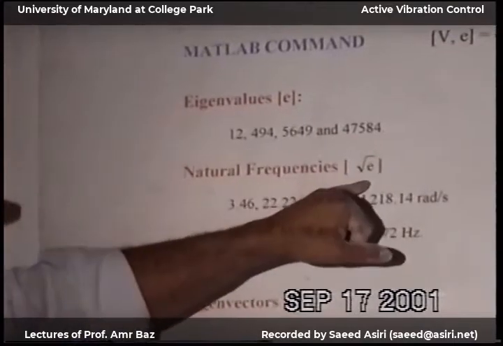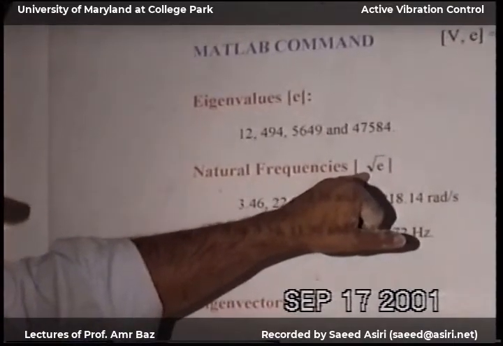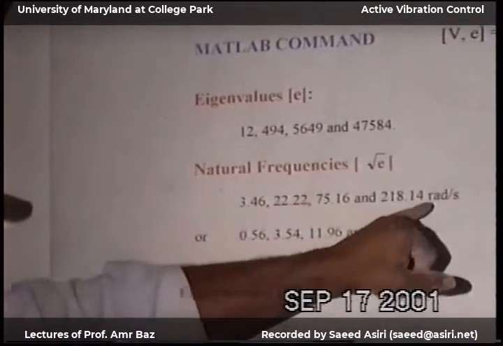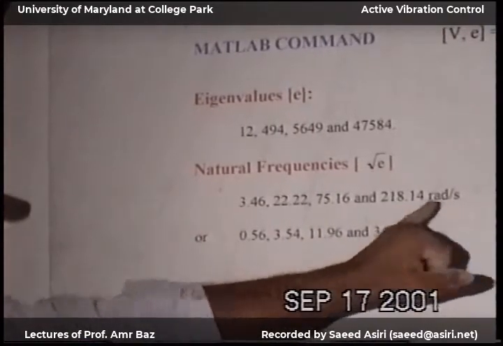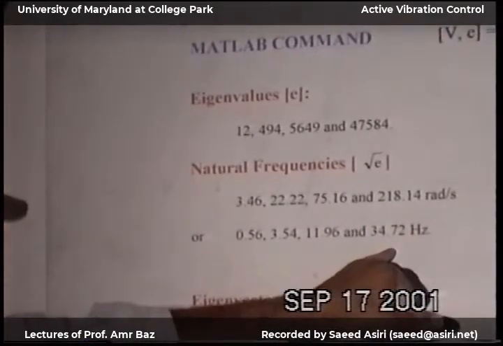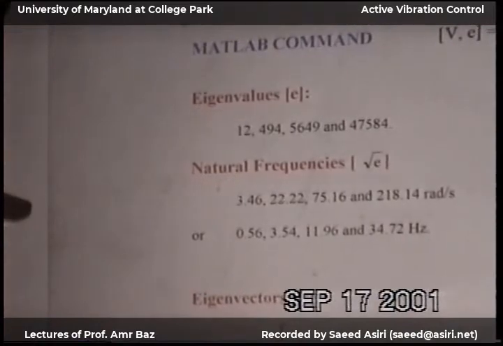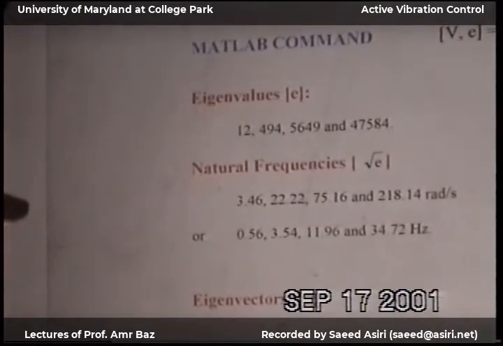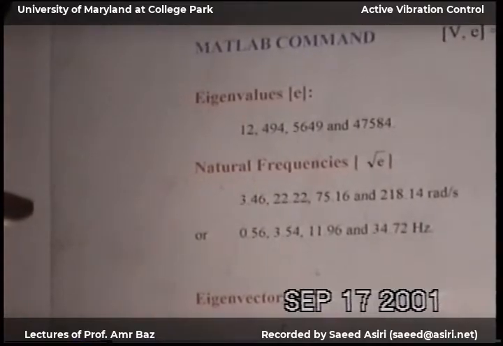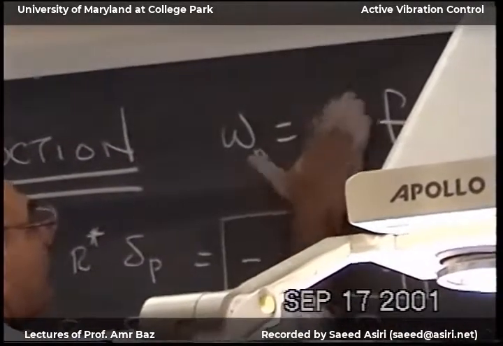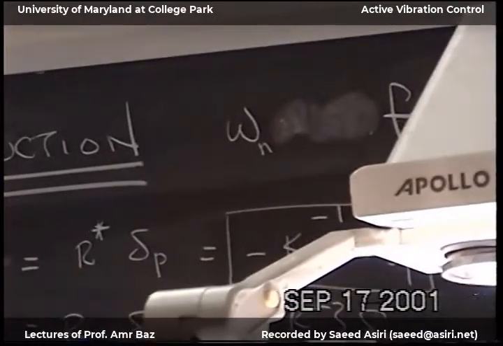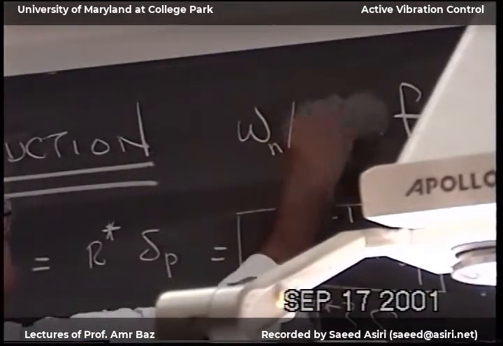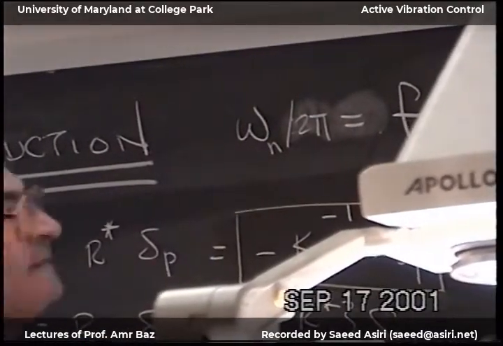I'm going to take the square root of this. This will give me the natural frequency, omega n, which is in radians per second. I'm going to convert it to hertz. Okay? Omega is equal to 2 pi f. So now I can calculate f by dividing over 2 pi.